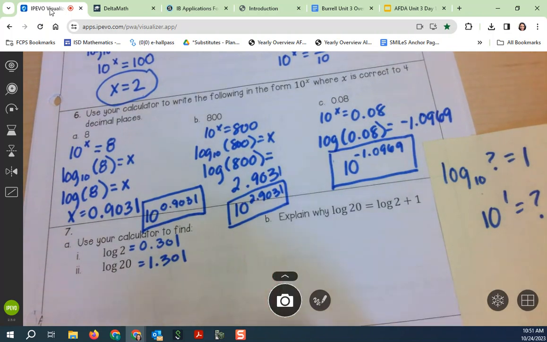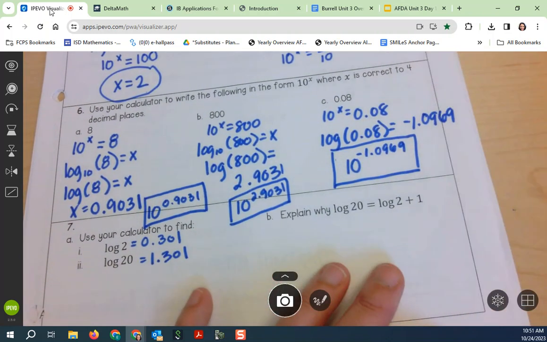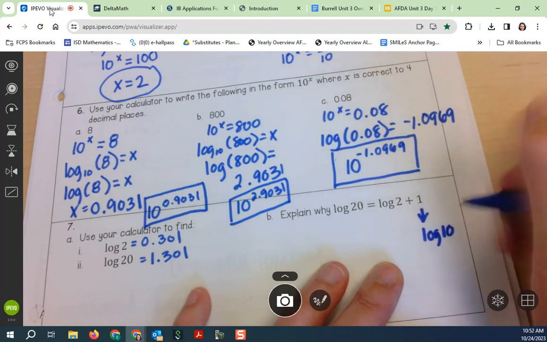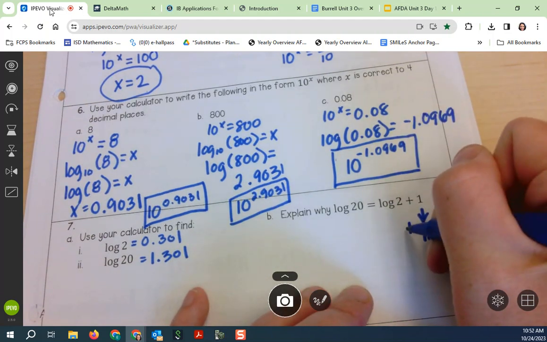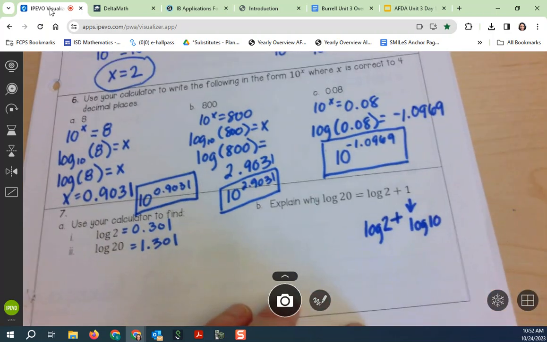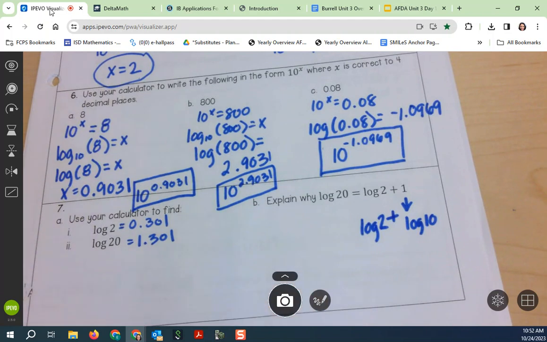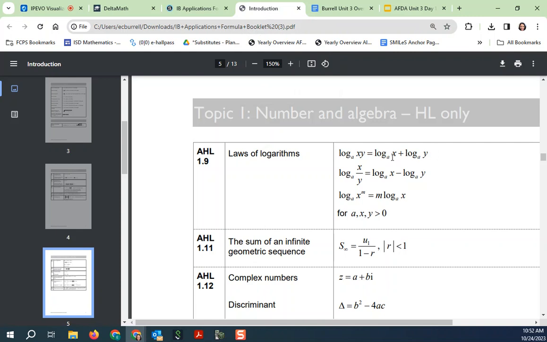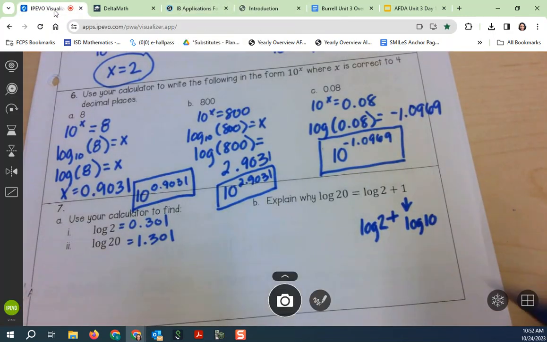So we're going to write the 1 as the log of 10. So this is the same as log 2 plus log 10. Now, if we go back to our formula booklet, if I have two logarithms with the same base, I can rewrite that as the log of their products, and 2 times 10 is 20.